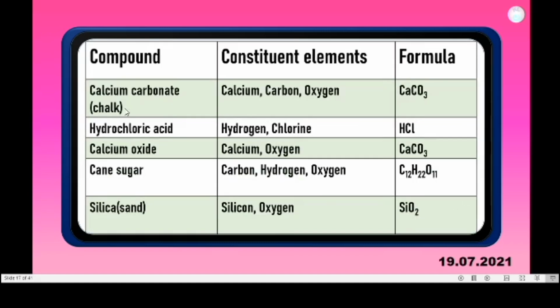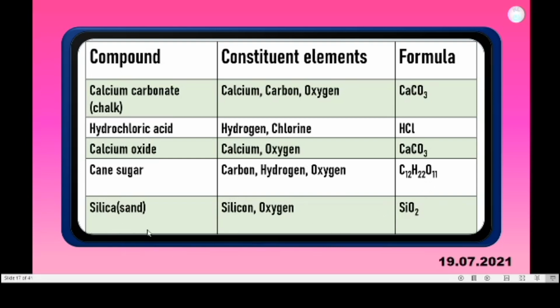Here are some more examples. Calcium carbonate: what elements are present in it? Calcium, carbon, and oxygen. The formula of calcium carbonate is CaCO3. For cane sugar, carbon, hydrogen, and oxygen are present, and the formula is C12H22O11.